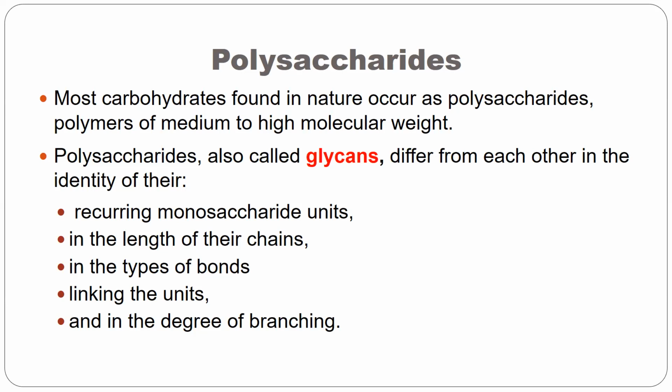In the polysaccharide, you also have to know what kind of glycosidic bond is being formed, which linkage links the units. And the degree of branching, you also need to know if it's highly branched or not branched, and that will identify our kind of polysaccharides.